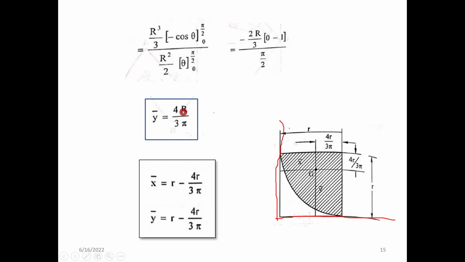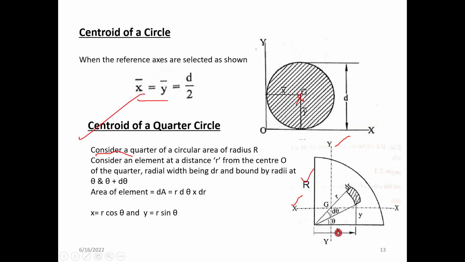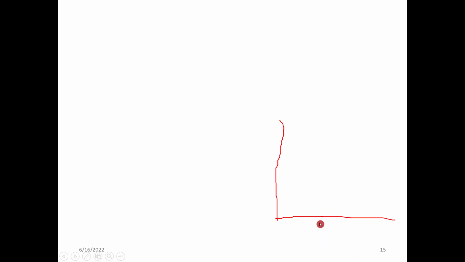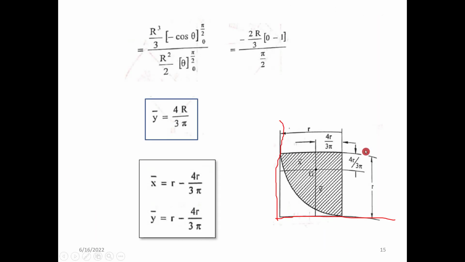we know that 4r by 3 pi, the y bar as well as the x bar, is measured from this point. If you check back the derivation, we are taking the 4r by 3 pi as x bar as well as y bar from this origin point, right? So coming to this question, the 4r by 3 pi is from here to here, and the y bar is also from here to here.